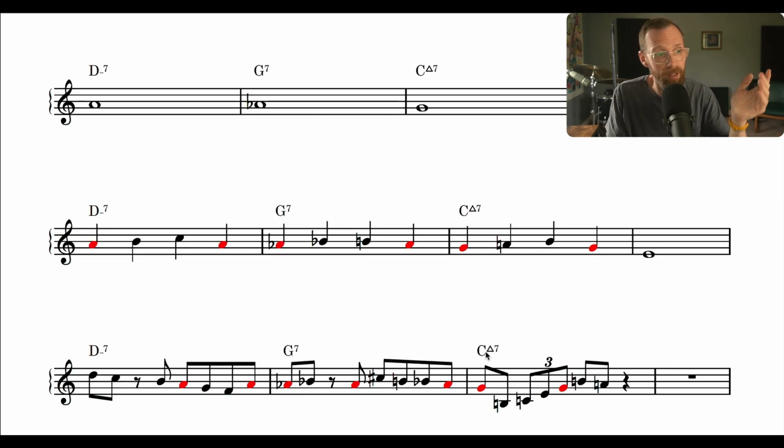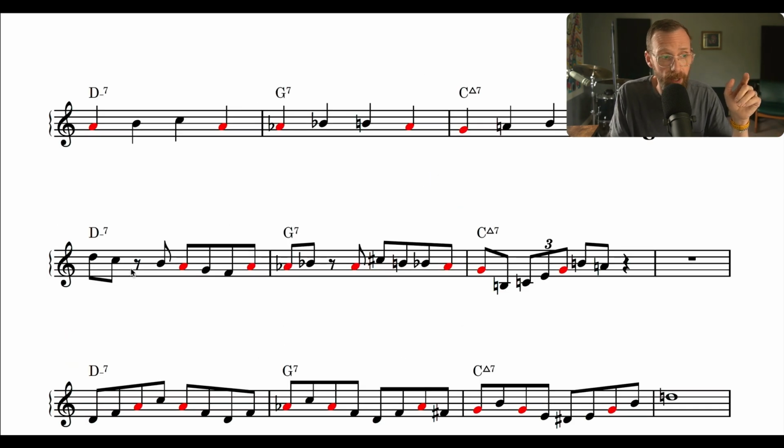So let's keep going. Here's line number 2. You can see we're getting a little bit more complicated. We've got some cool rhythm happening. Okay, so let's just listen to it first. Listen again. Here we go.